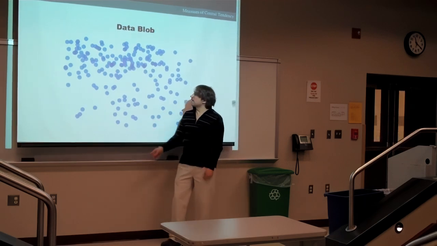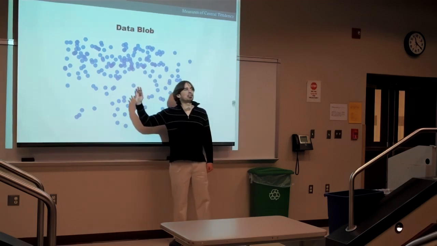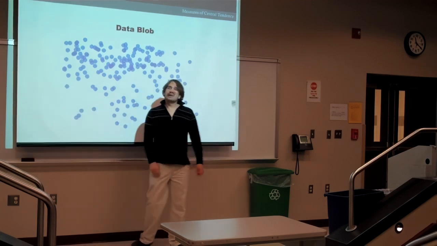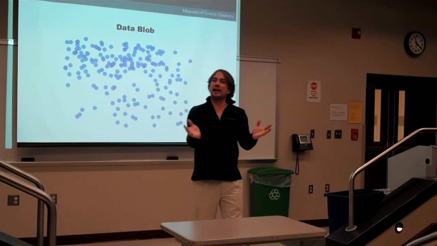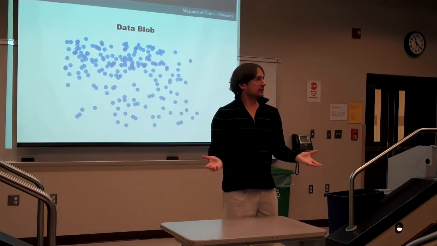Where is it in relation to the center of the blob? Where is it in relation to this point right here? So we have this blob and we have to understand it. And last but not least, how do we make a picture out of this thing?